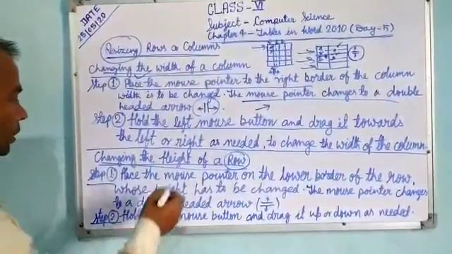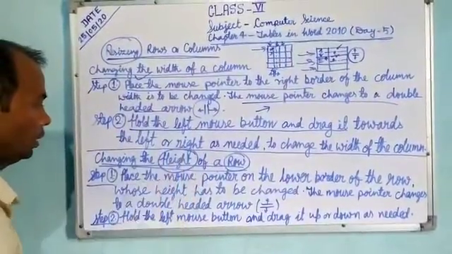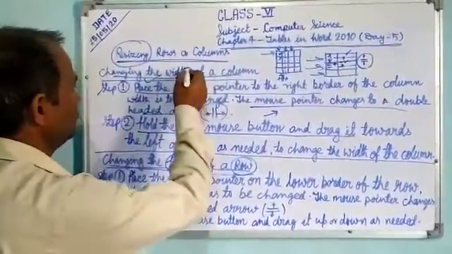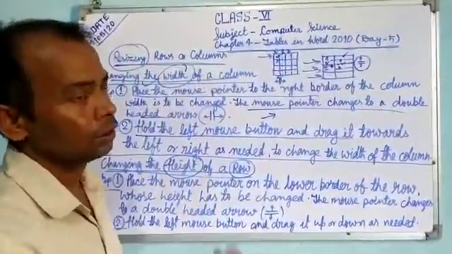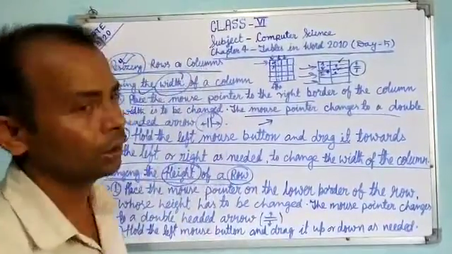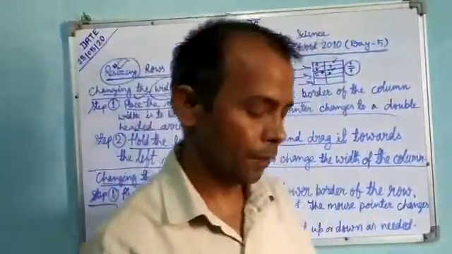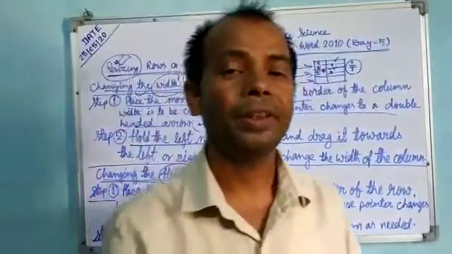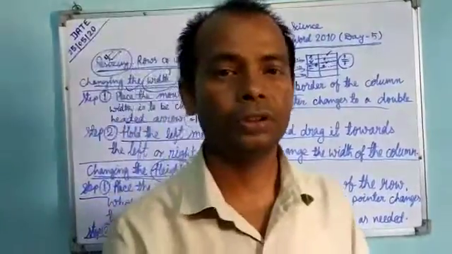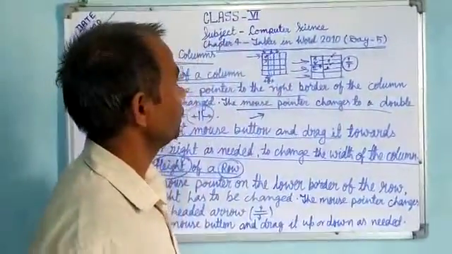In this way we can also change the height of the rows, and we have already learned about changing the width of the columns. So in this way we do the resizing of rows and columns according to our choice. By default it is fixed, and we can change it whenever we have the necessity.